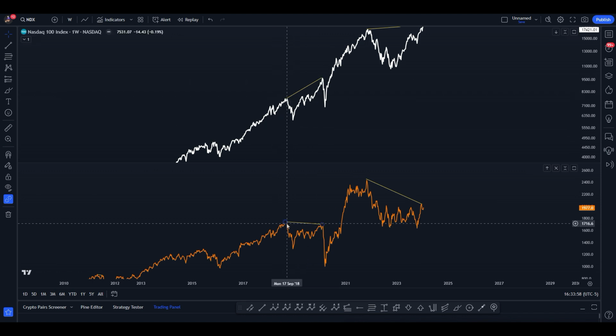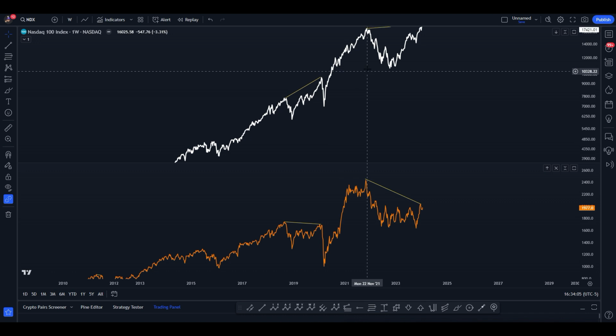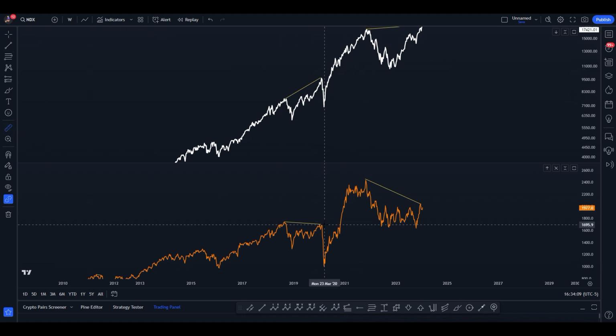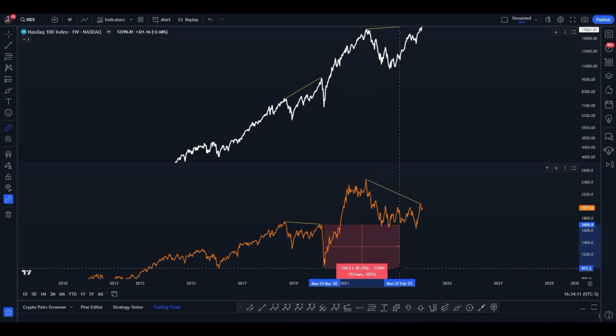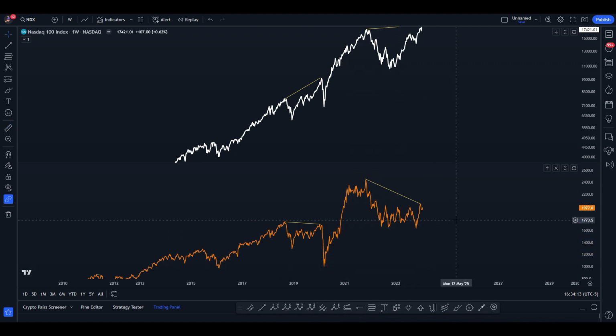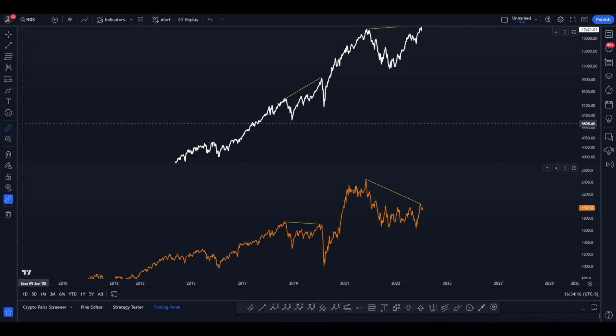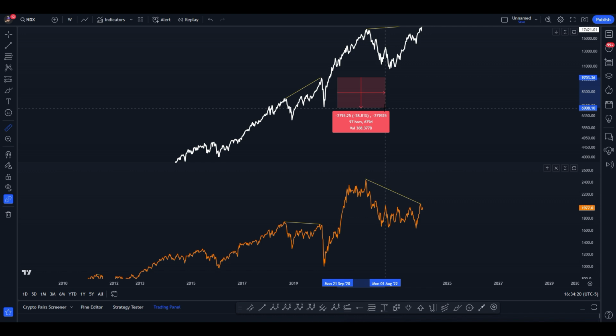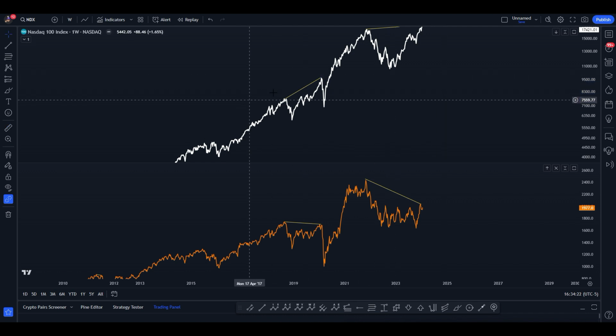These are all of the occurrences, by the way, that I've highlighted. So what did that result in? Well, that non-confirmation resulted in about a 40% crash in the Russell, and about a 30% crash in the NASDAQ on a closing basis.